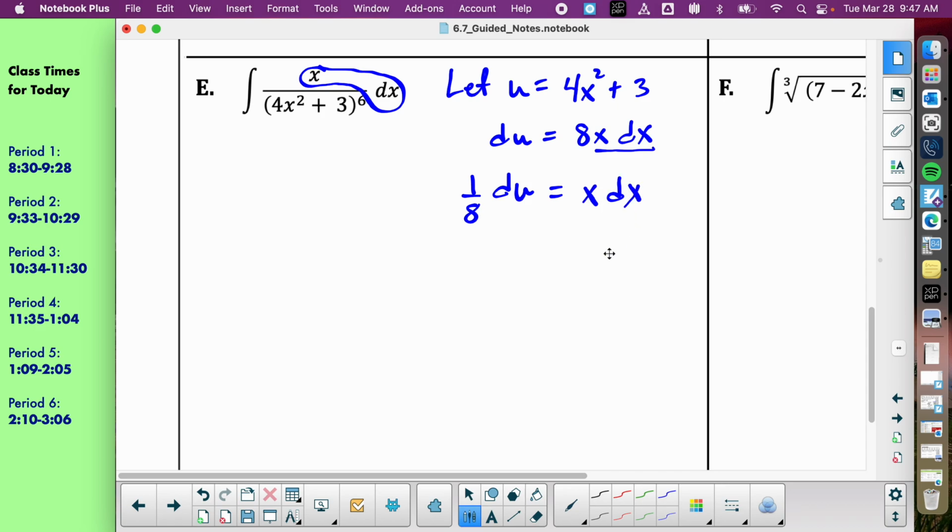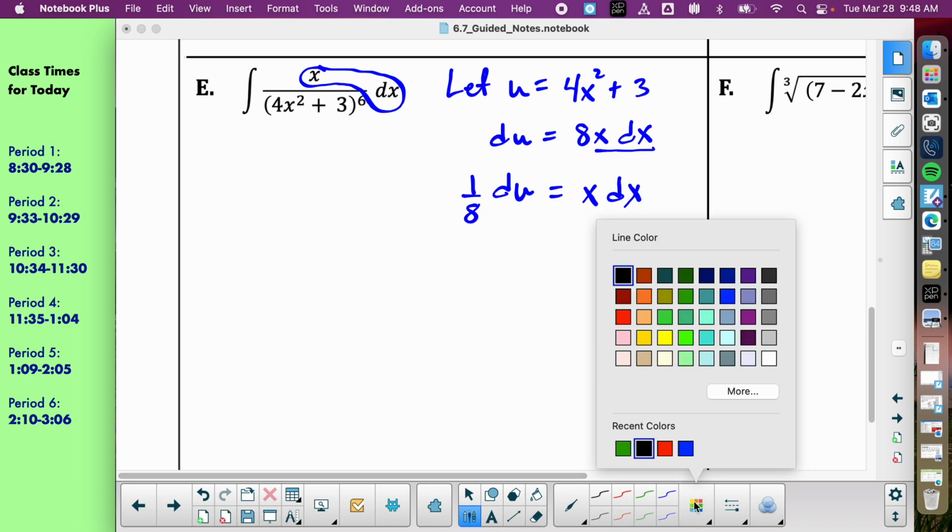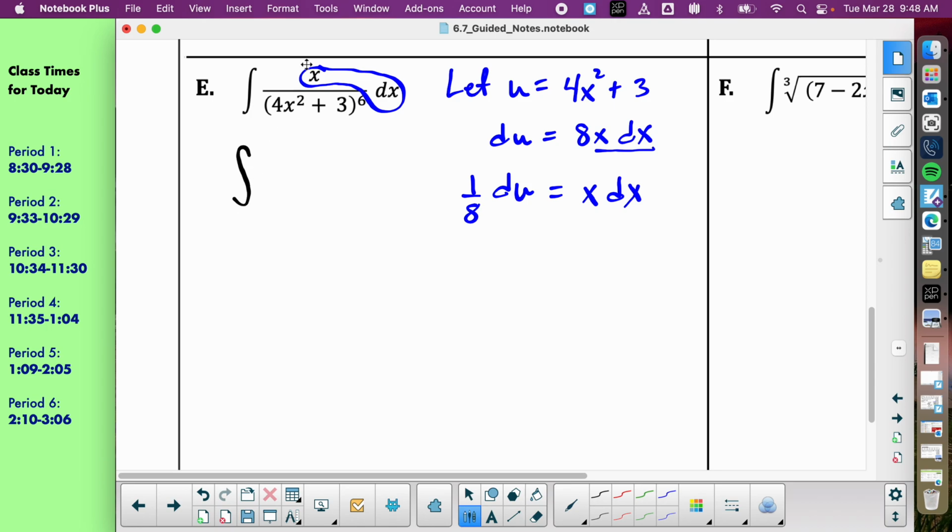And so instead of just putting in the correct number, you can do this method, where in the actual substitution, in place of x dx, I'm going to write 1/8 du. And that absolutely will work. If that doesn't make sense to you, that's fine. I'm going to put 1/8 du on the top. On the bottom, I've got u to the 6th.